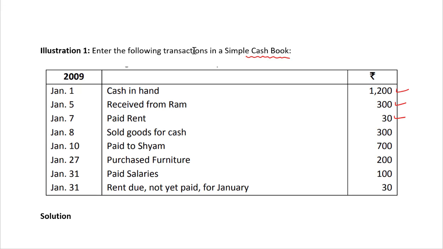Rent paid 30. Sold goods for cash 300. This is receipt. Paid to Shyam the payment. Furniture purchased and obviously must be paid. Paid salaries. Rent due not yet paid for January. Okay, so it is due but not yet paid for January.